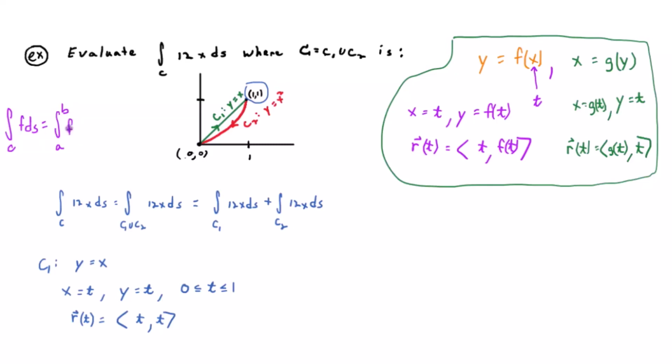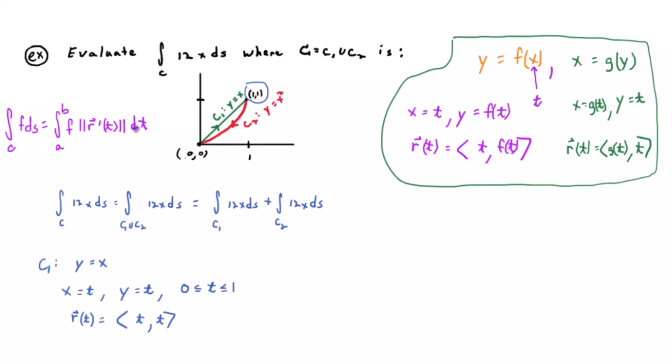I'm not going to write that, but you have to remember that. You got to get it in terms of one variable, right? And then magnitude r prime of t dt.